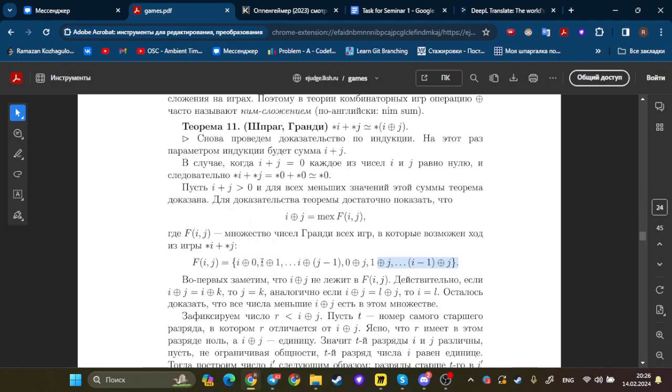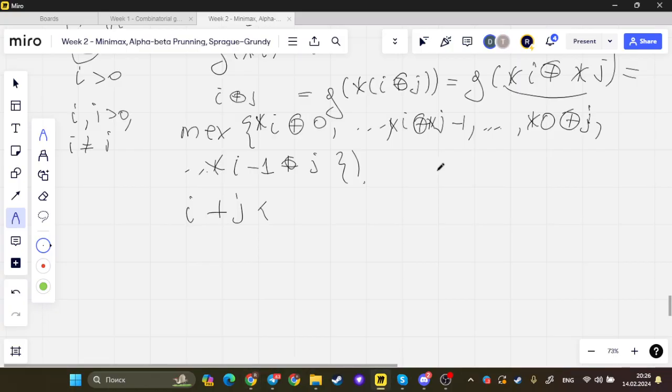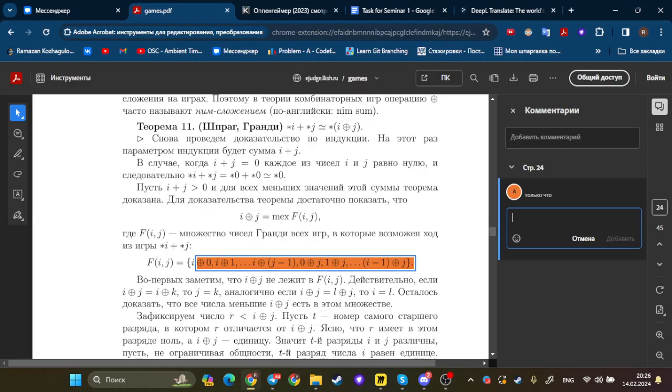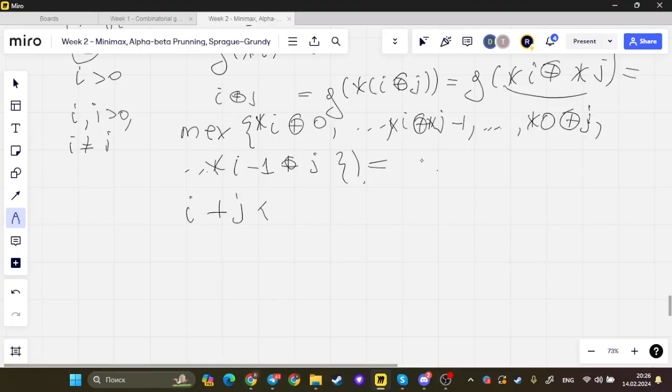We use this fact here. We use this fact e plus null. We want to take the max of this. Okay, and we take it.